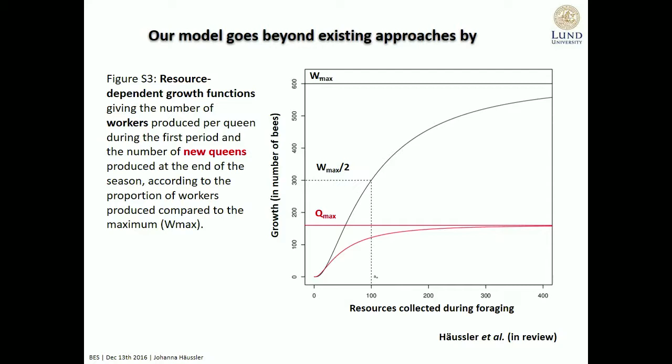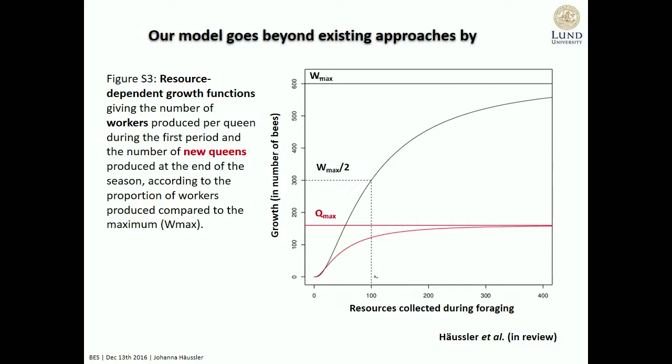And so you see here, dependent on resources foraged at the beginning of the season by the queens when they started nest initiation, is the growth of the workers during the season, up to a maximum number of workers, which is based on literature data.